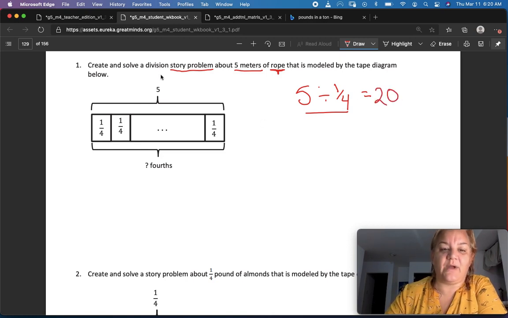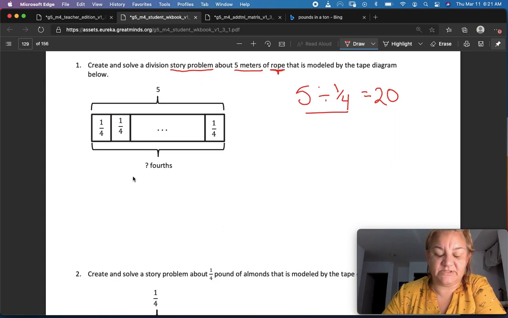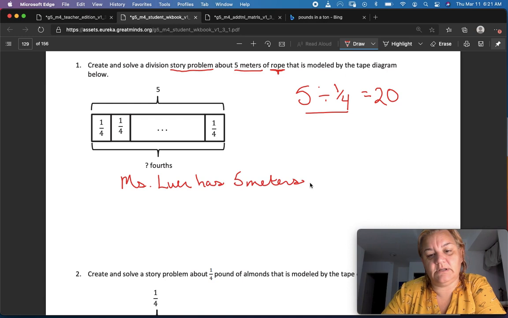Now let's write our story problem. Okay, and you can write your own if you're a better writer than I am, which I'm sure you are. So Miss Lure has 5 meters of rope.